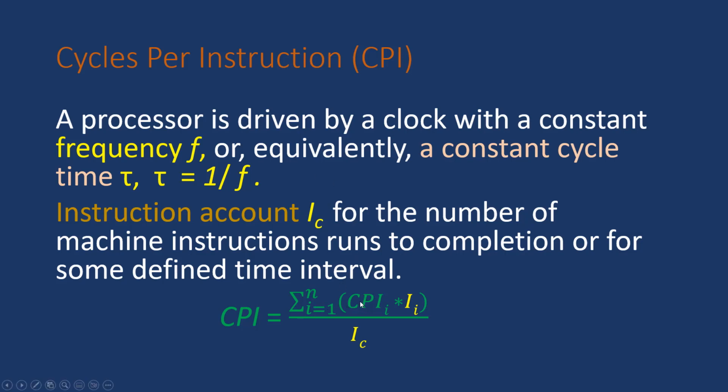Here the i refers to the different types of instruction. We multiply the cycles per instruction for each type by the instruction count of that type, sum from i equals 1 to n, and then divide by the total instruction count. This is the concept of the CPI, cycles per instruction.